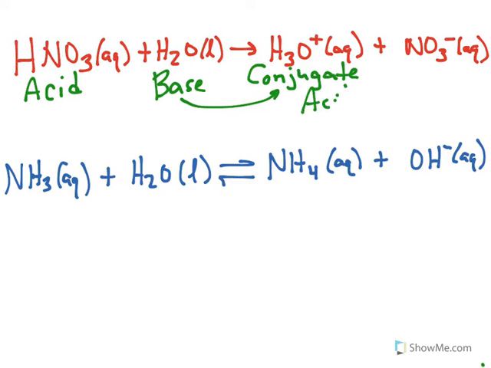The reason for that is because now that it's gained that extra hydrogen, it could, in theory, give it up. And what's something called that gives up an H? That's called an acid. So whatever the base becomes is the conjugate acid, and whatever the acid becomes is the conjugate base.